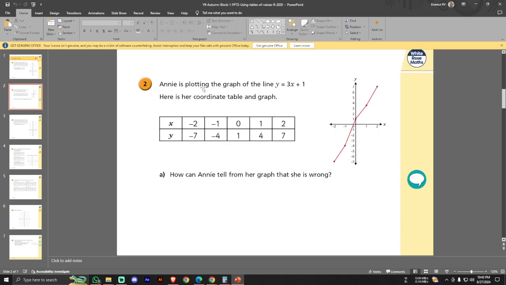They say Annie is plotting the graph of the line, and here is her coordinate table and graph. How can Annie tell from her graph that she is wrong? Is she wrong or not? Yes, she is wrong.